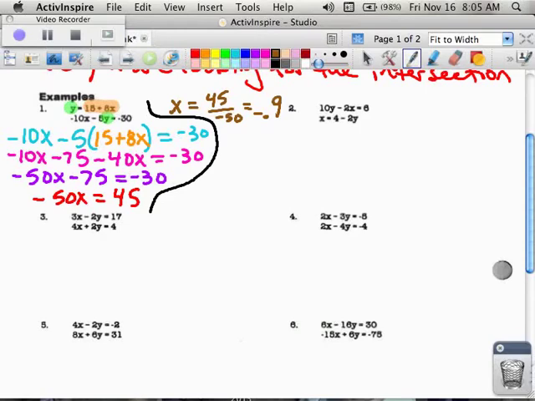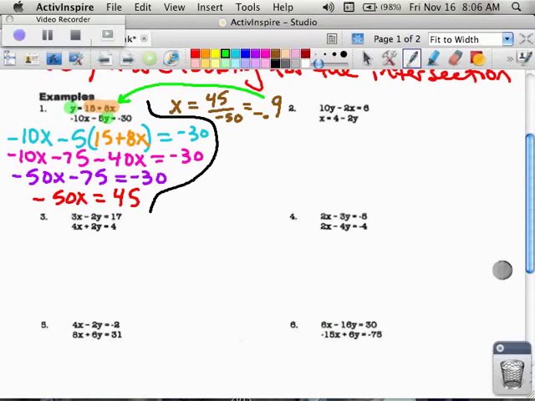So you found x, but you don't have y. The way you find the y value is you take that negative 0.9 and you shove it back into the very first equation that I used as a substitution equation, wherever you saw the x, and then you find the answer.